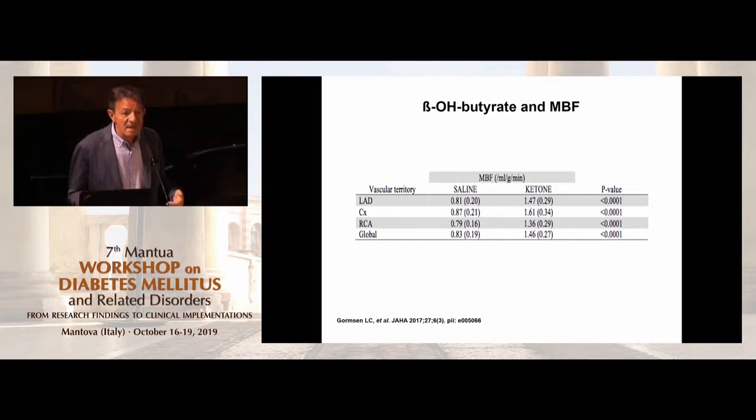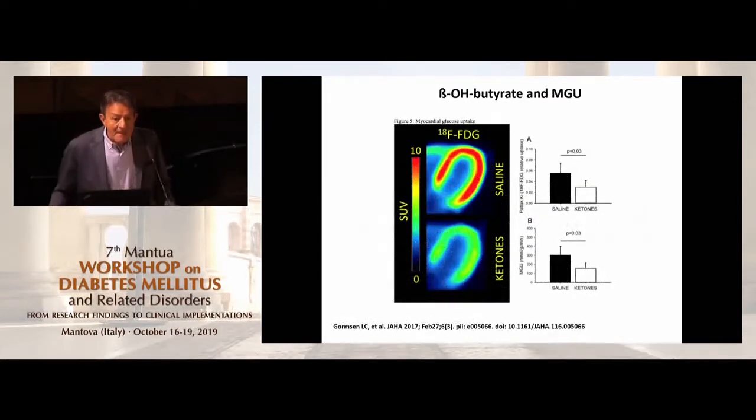And apparently, in this experiment, ketones are enhancing the ability of the heart, these are normal subjects, to tap the coronary reserve. But this study was also done with the use of fluorodeoxyglucose and PET scanning.